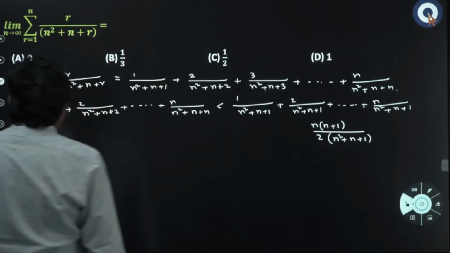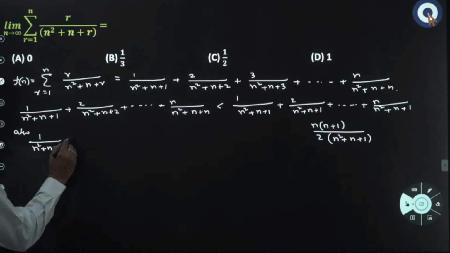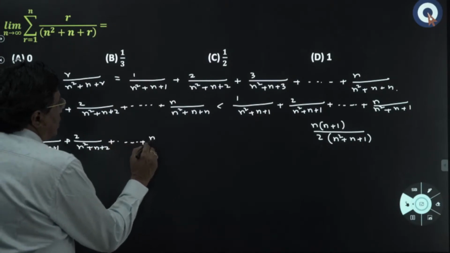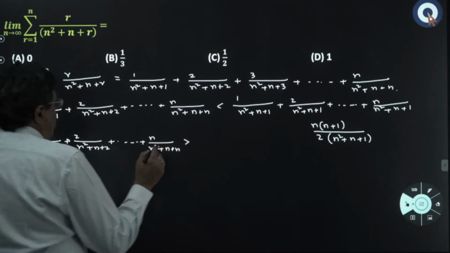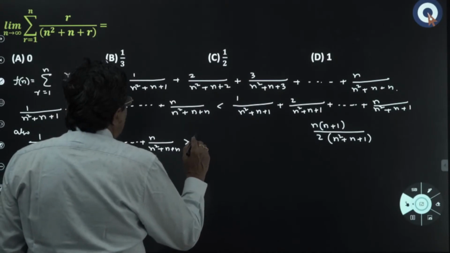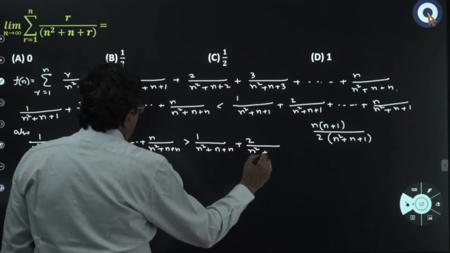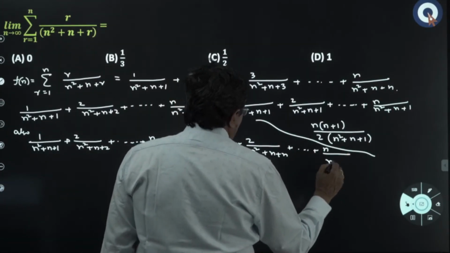Another inequality is that your f_n, which is 1 by (n square plus n plus 1) plus 2 by (n square plus n plus 2) plus so on plus n by (n square plus n plus n), is definitely greater than, if I replace the same way, 1, 2, 3, etc. each one with n only, 1 by (n square plus n plus n) plus 2 by (n square plus n plus n) plus so on plus n by (n square plus n plus n).